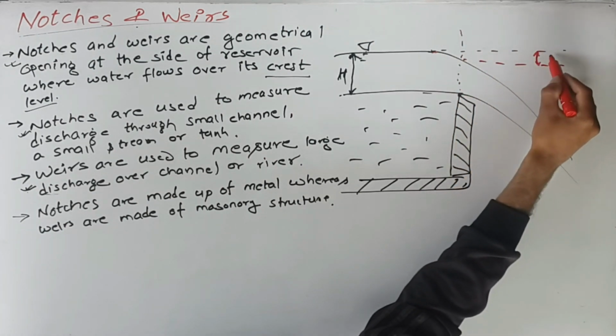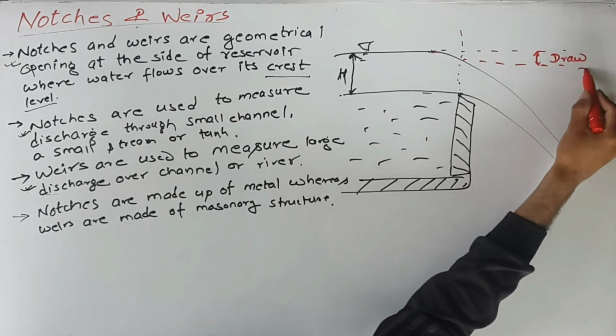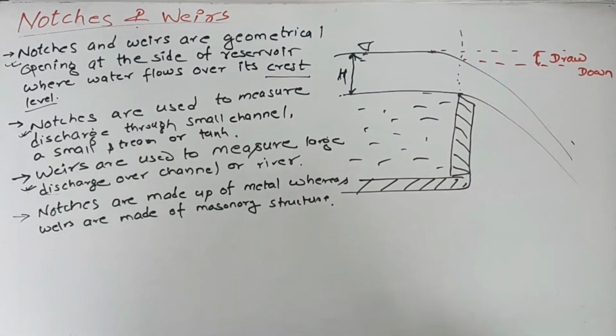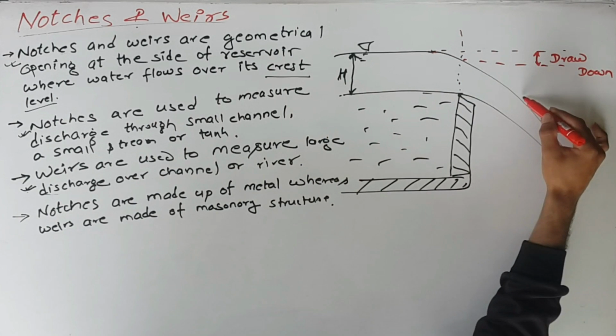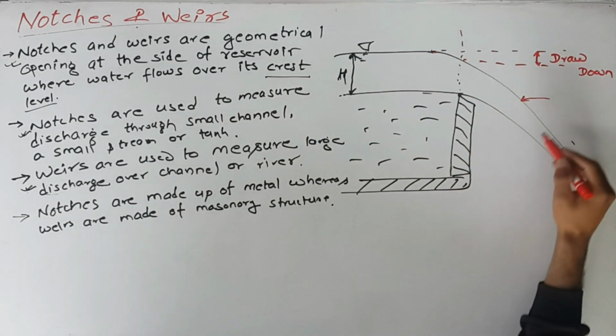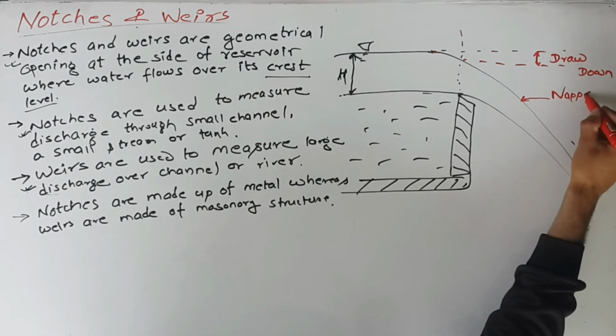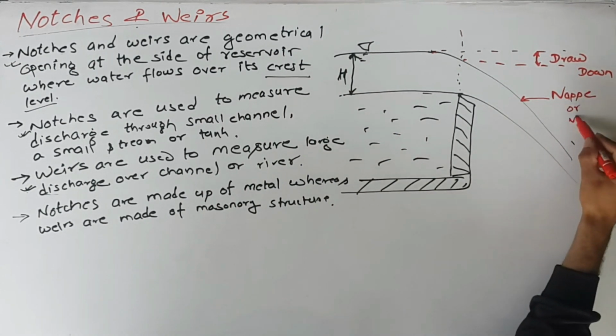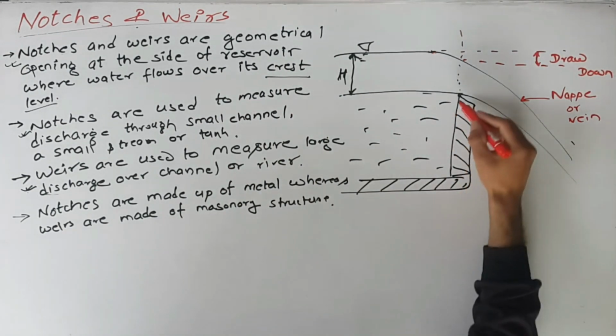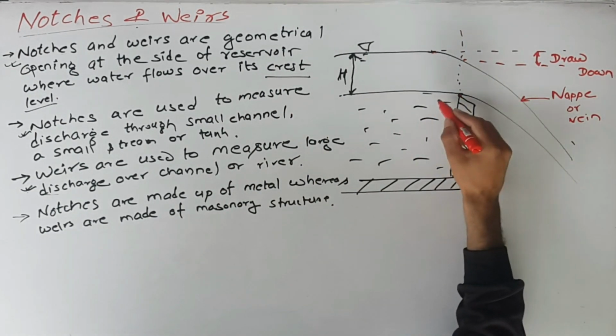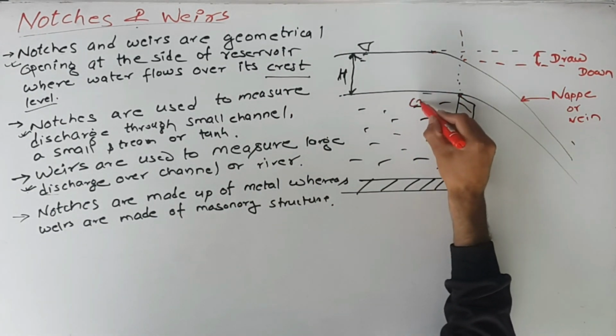This portion is called drawdown. This is a stream of Z. In case of notches and weirs, we call it a nappe or vein. This top is called crest or sill.